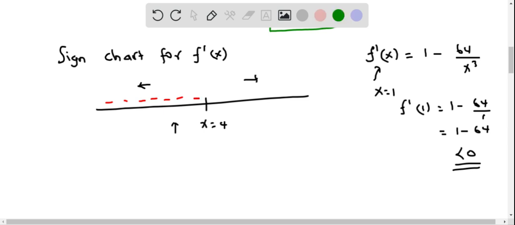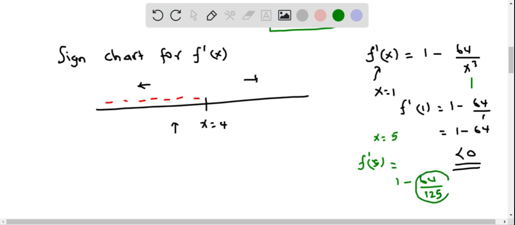And now let's understand the sign to the right of x equal to 4 by plugging any random values to the right of x equal to 4. Let's say I plug in x equal to 5, and so this gives f prime of 5. This equals 1 minus 64 divided by 5 cube, which is 125.